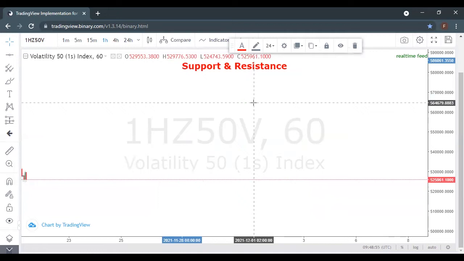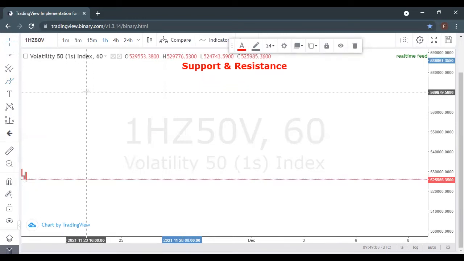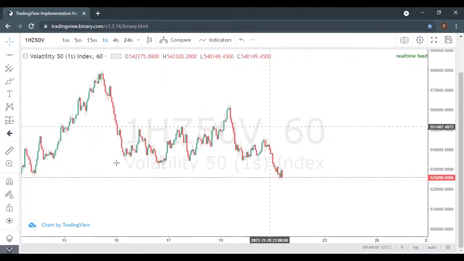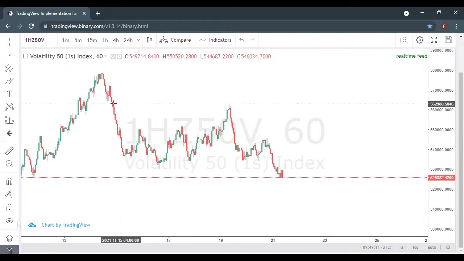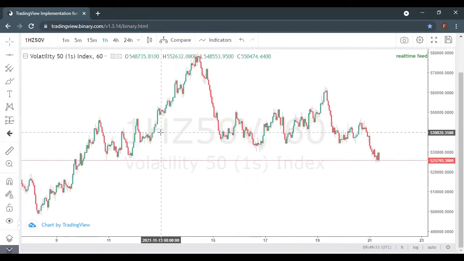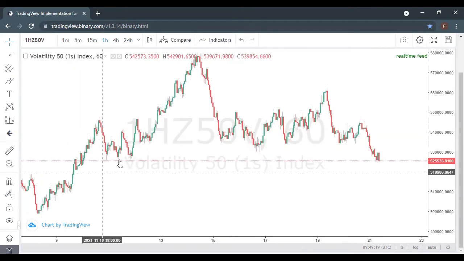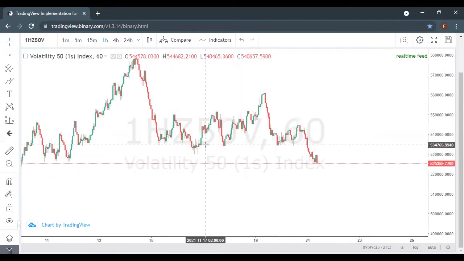Let me give you a scenario first before I give you a definition. If you've looked on these charts, you realize that we have a series of candlesticks that are responsible for the market moving upwards, downwards, or sideways.